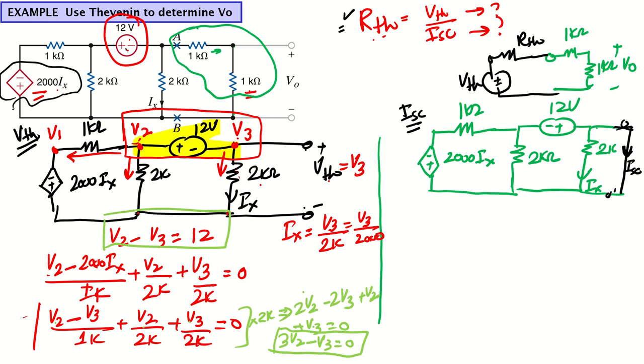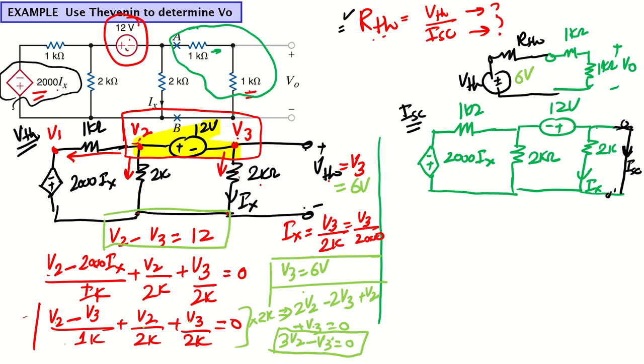If you simplify this, V3 comes out to be 6 volt, solving these two equations. So it means my Thevenin is basically 6 volt. So we got this thing here.